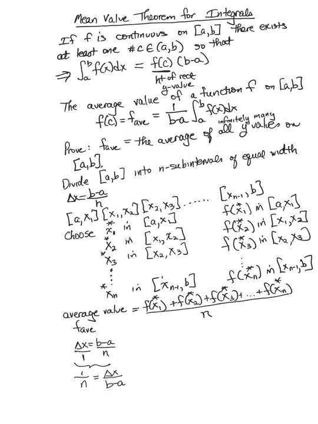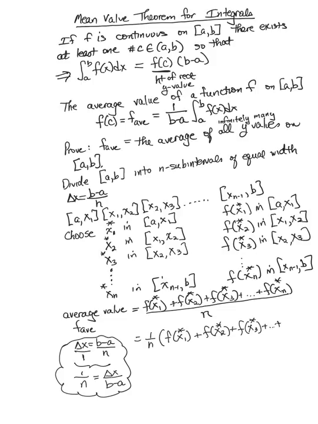So factoring out the 1 over n, I will replace it with delta x over b minus a.